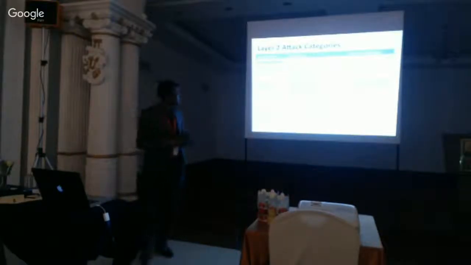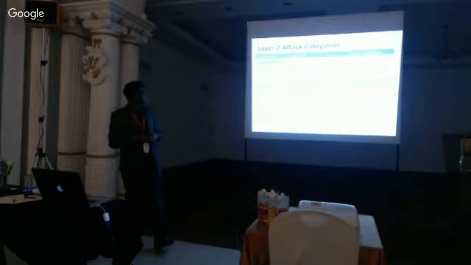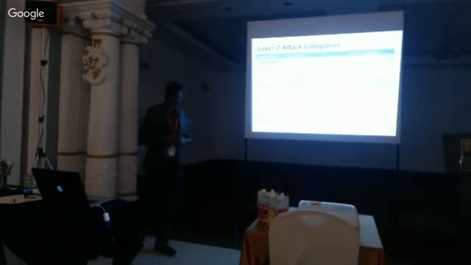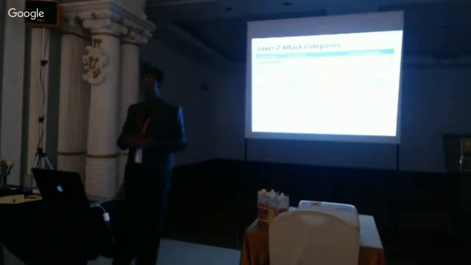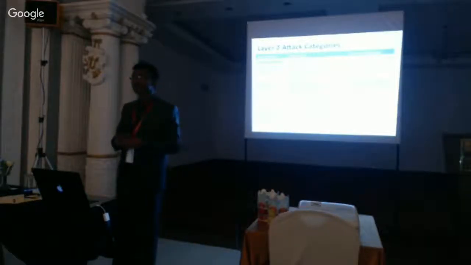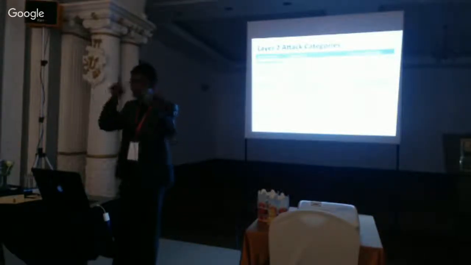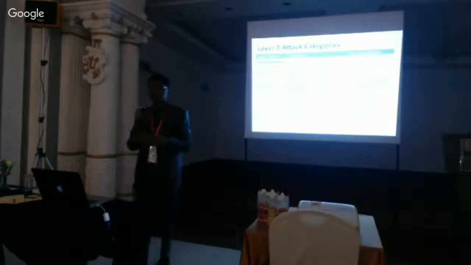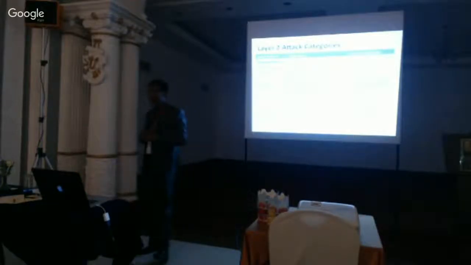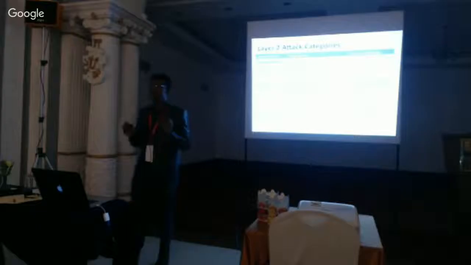Okay. The next one might be spanning tree compromise. Basically, do you know what spanning tree does? In layer 3, there is a field called TTL, time to live, in the network header. But in frame headers, there is no such field like TTL.